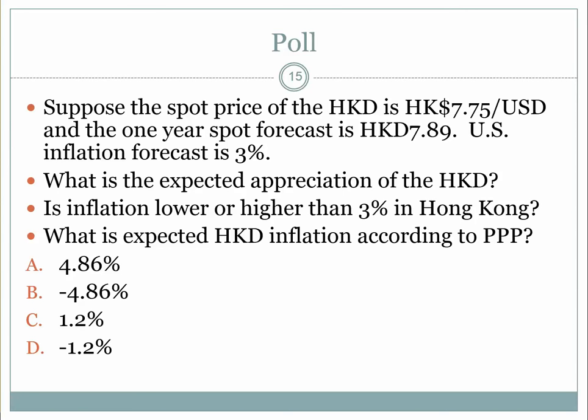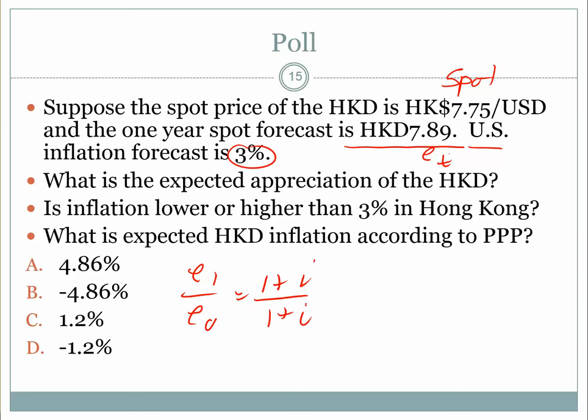One more problem. Suppose the Hong Kong dollar is selling for $7.75 in the spot market, and the 1-year forecasted exchange rate is $7.89. So that's my E1. U.S. inflation is 3%. What's the expected inflation level in Hong Kong? Well, we can use our formula. E1 over E0 equals (1 plus I) over (1 plus I). And we're given Hong Kong per dollar exchange rates. So we'll do Hong Kong over dollar inflation levels.